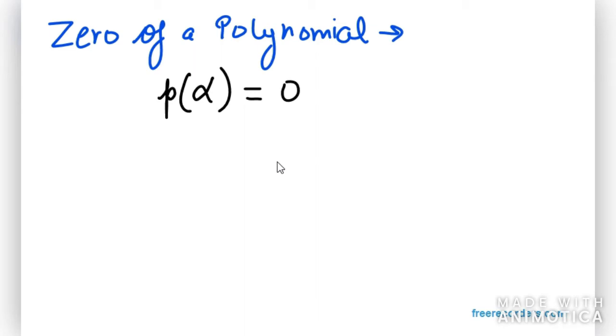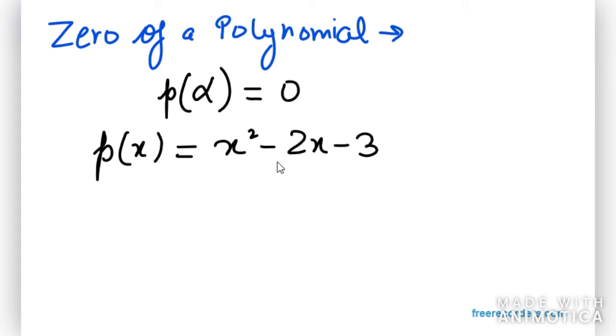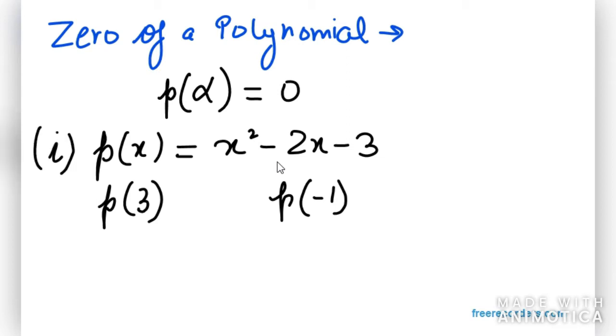Let us write one example. Suppose we have p(x) = x^2 - 2x - 3. Suppose we have two values, p(3) and p(-1). We need to put the values of these two in equation 1 and see whether each is a zero or not.